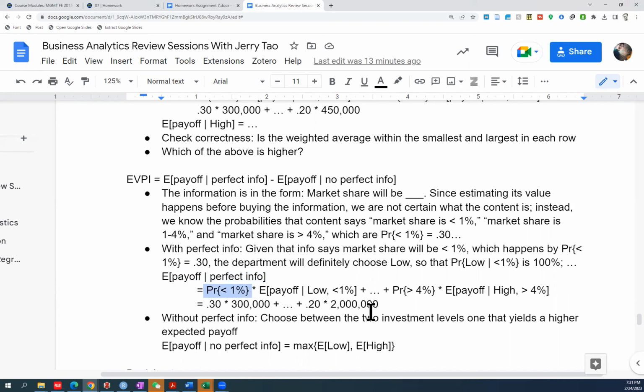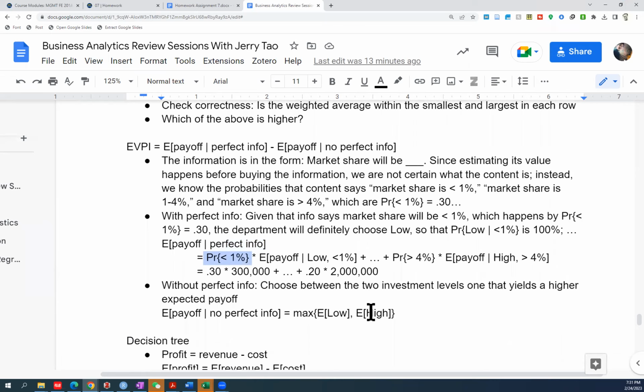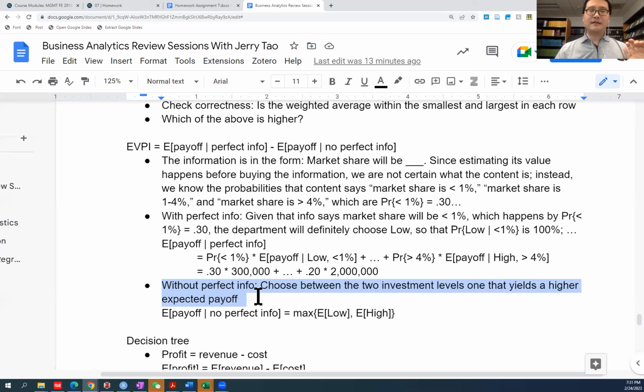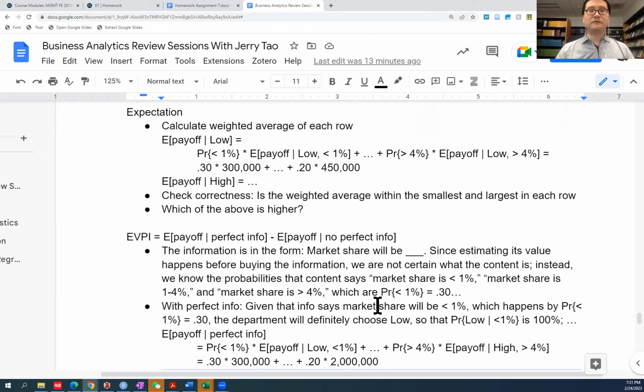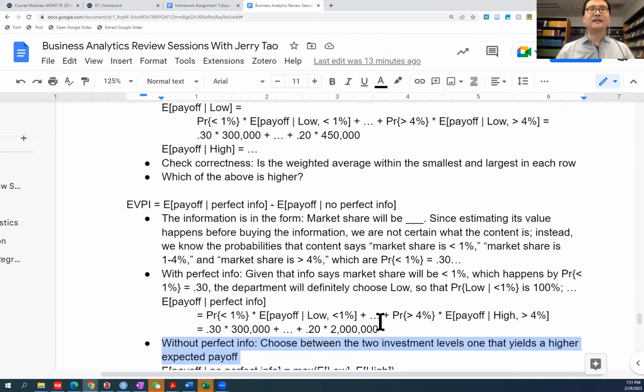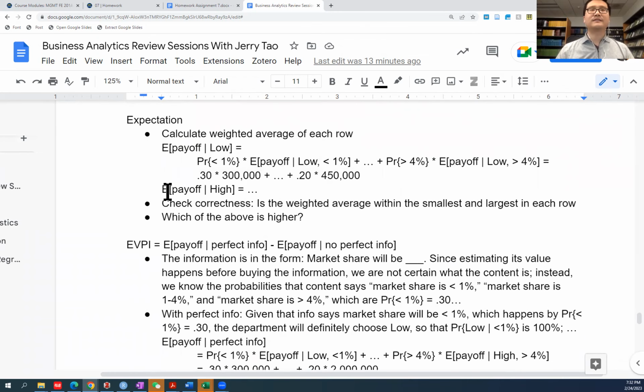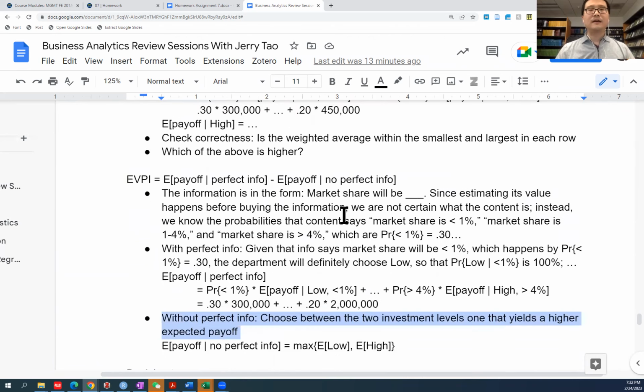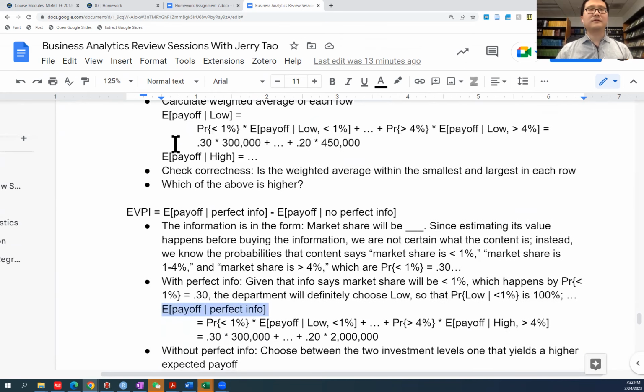Got it. All right, then we simply compare these two scenarios, without and with perfect information. We would choose between the two investment levels the one that yields higher expected payoff, right? So this step exactly mirrors what's in part C already.